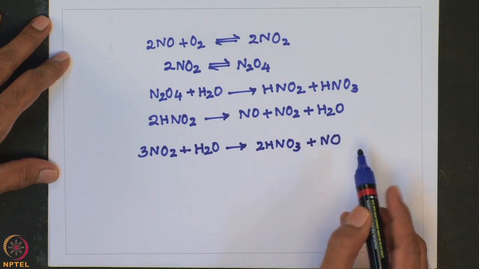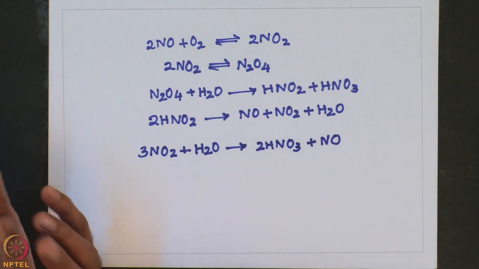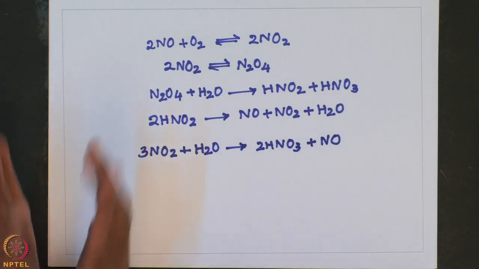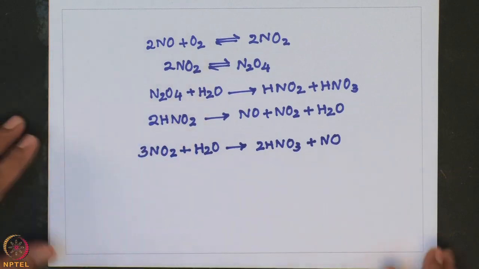Okay. So, I had mentioned that NO2 is an anhydride of nitric acid.